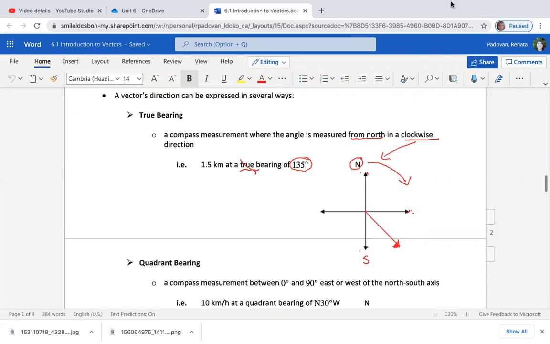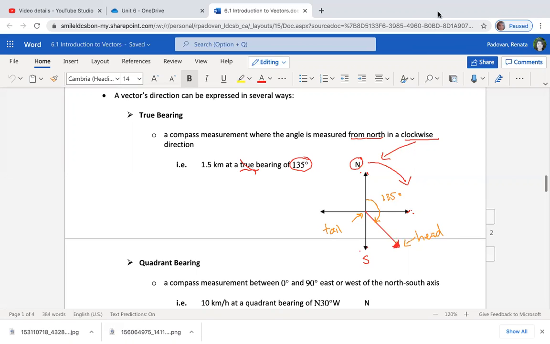So then we want to indicate that this is our direction. We want to say that we're starting from north and all the way to this angle here is 135 degrees. And again, just to point out, this is the tail of the vector and this is the head of the vector.